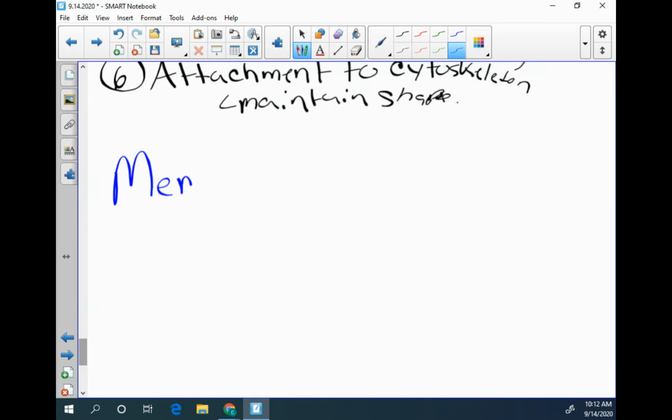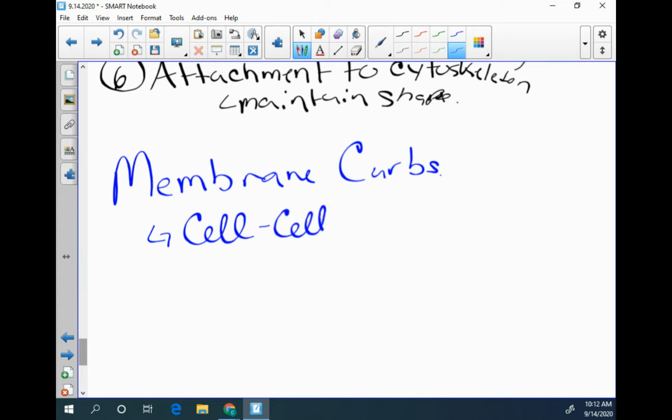Membrane carbohydrates. They are really good for cell-to-cell recognition. This is really good for sorting cells into tissues in development.